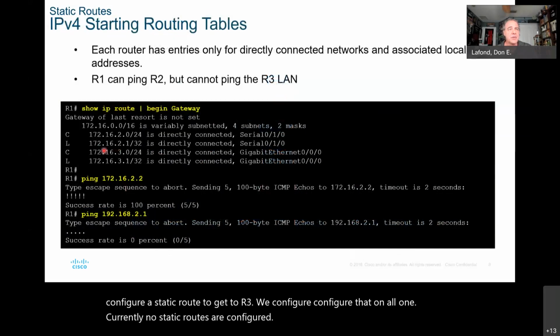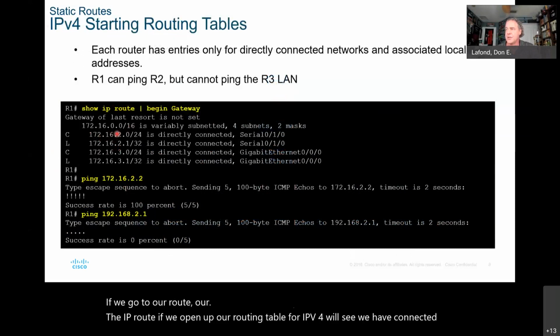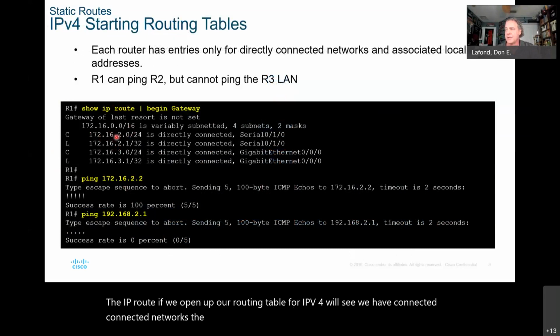If we open up our routing table for IPv4, we'll see we have connected networks: 172.16.2.0 and 172.16.3.0. So we have the 2 and the 3 networks.